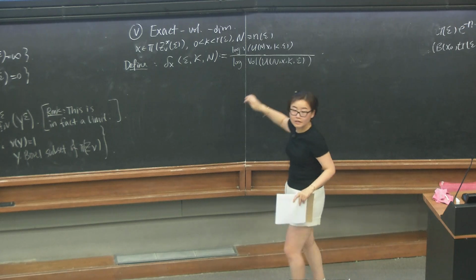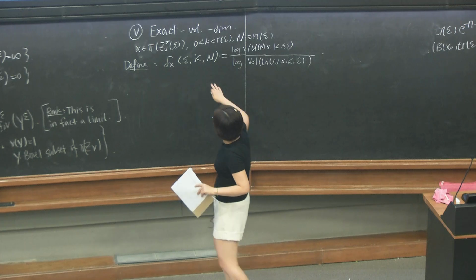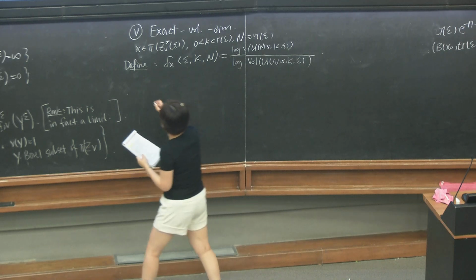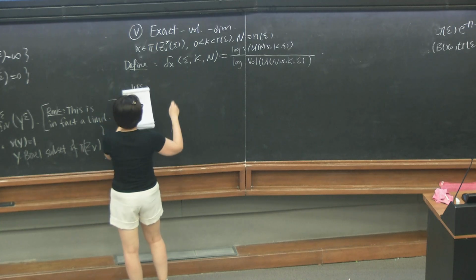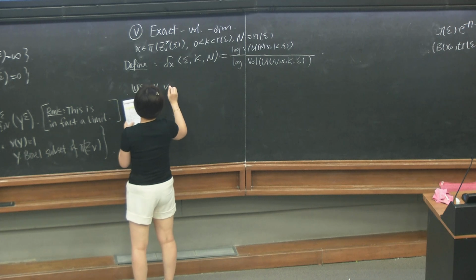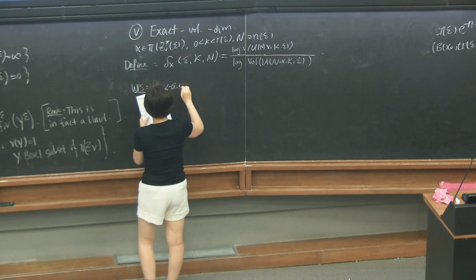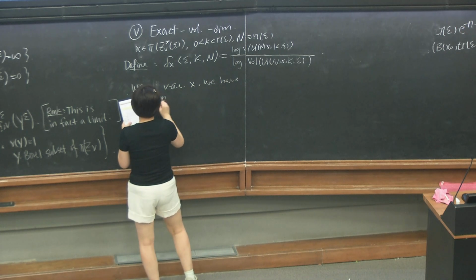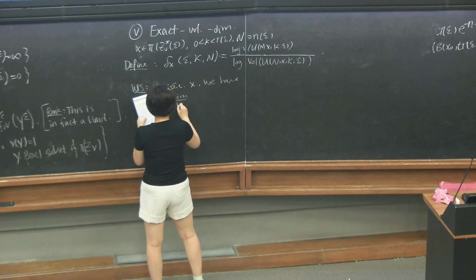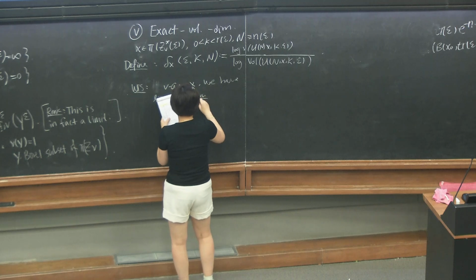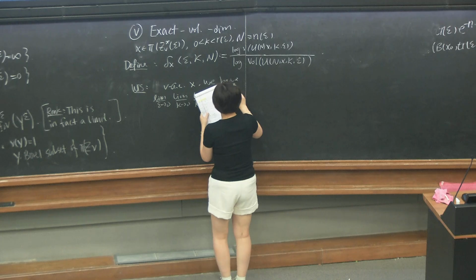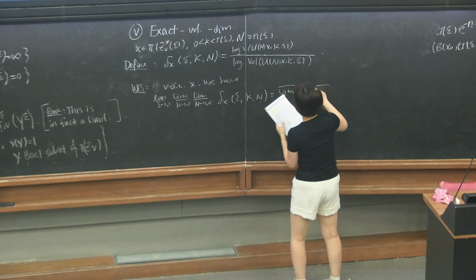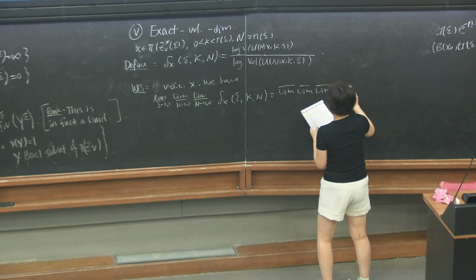Basically, this is a quantity whose limit is going to be the local dimension. So what do we want to show? We want to show exact dimensionality, which means for nu almost every x, we have the lim inf as epsilon goes to 0, lim inf as kappa goes to 0, lim inf as n goes to infinity of delta of x, epsilon, kappa, n, and likewise all the lim sups.